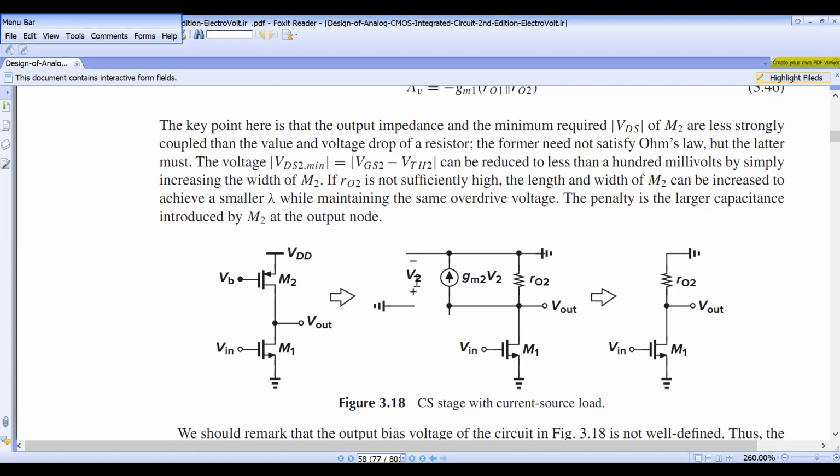Now, the key point here is that the output impedance and the minimum required VDS2 of M2 are less strongly coupled than the value and the voltage drop of the resistor. The meaning is very simple.